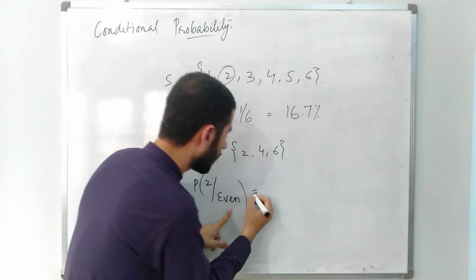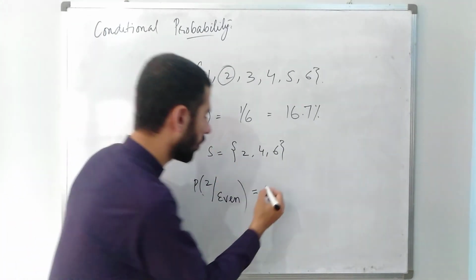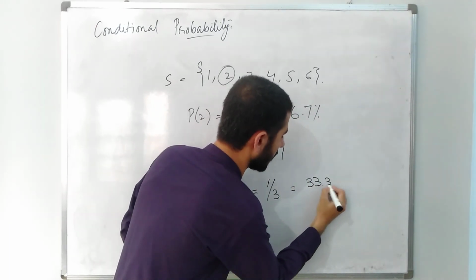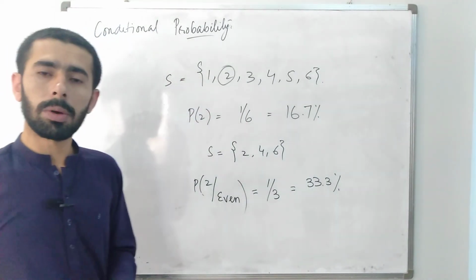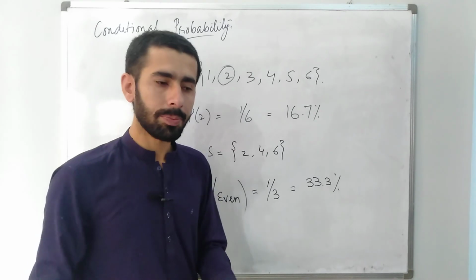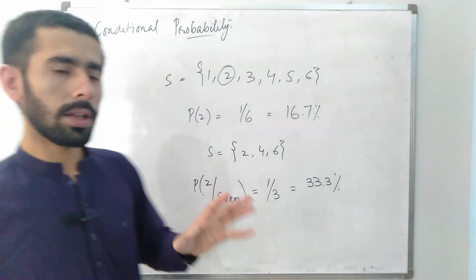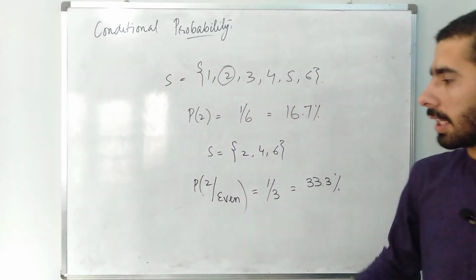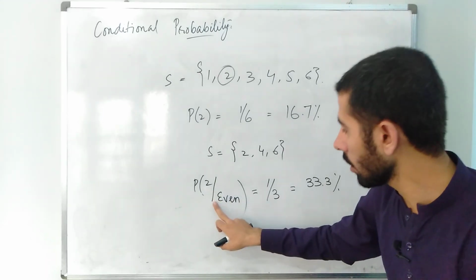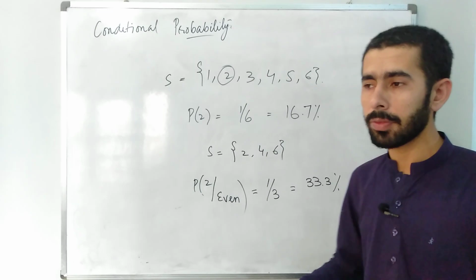This probability now would be 1/3, which is maybe some 33.3% probability that I would get a 2 when I roll the die. So this is called the conditional probability, and here we say the probability of 2 conditioned on the fact that the die has landed on an even output.